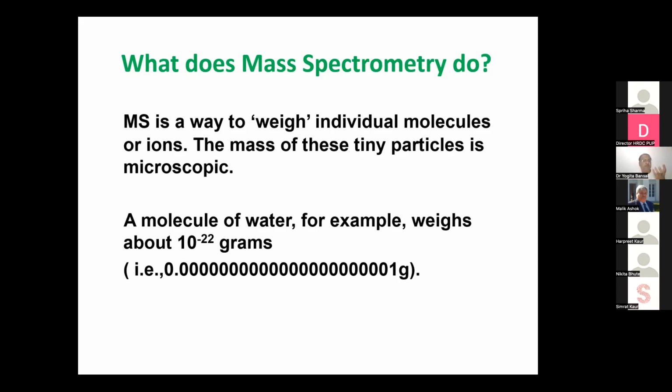Although we say that the molecular mass of water is 18, one molecule of water actually weighs 10 to the power minus 22 grams. It doesn't mean that there is a weighing scale in a mass spectrometer. No, but it weighs those very tiny particles through some other mechanism, which we will see.